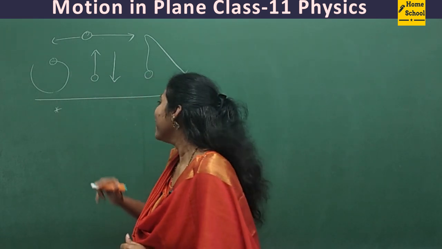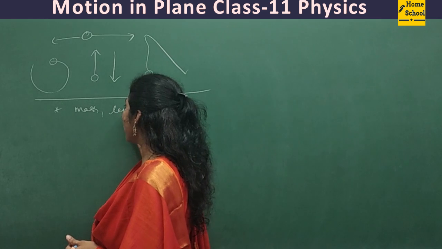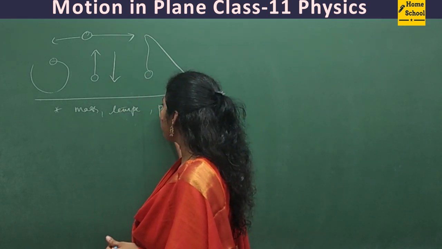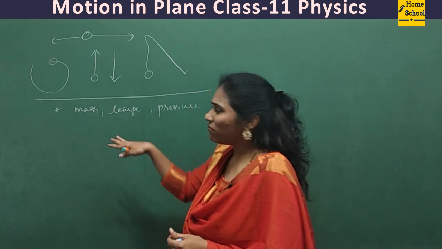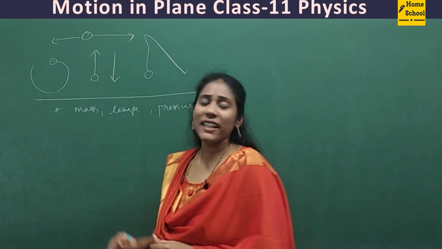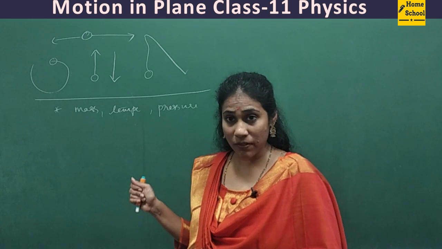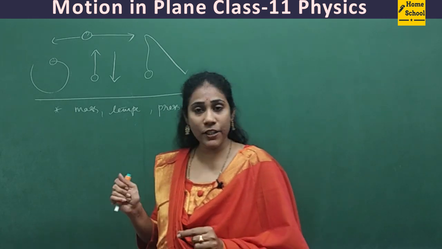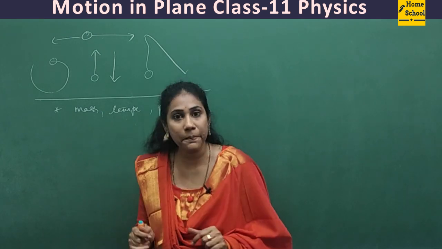Physical quantities like mass, temperature, pressure, velocity, displacement, force, many are there. All these are physical quantities. These physical quantities are used to describe an object, so they are very essential in studying scientific laws or scientific concepts.